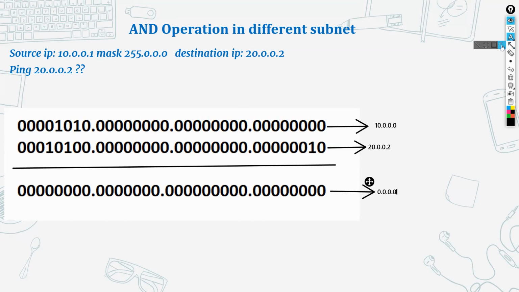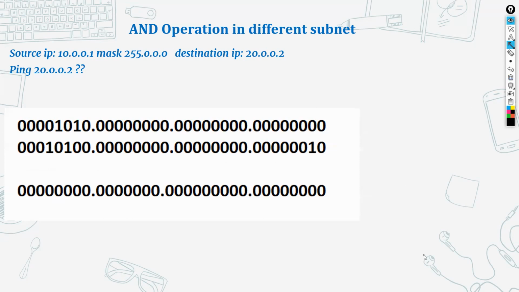Now you can see that these two results are different, right? That is why now the PC will get to know that the destination IP, 20.0.0.2, is in a different subnet, which means that ARP is going to find out the gateway MAC. Okay, not the destination MAC, which was the previous case wherein the destination IP was in the same subnet. Okay, now let's go back to our previous slide.